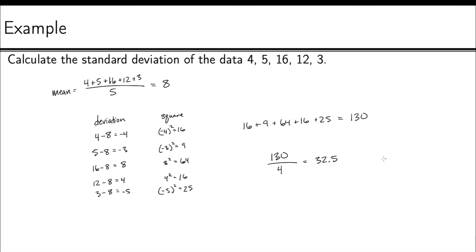Then we take the square root of the answer. So the standard deviation is equal to the square root of 32.5, which is about 5.7.